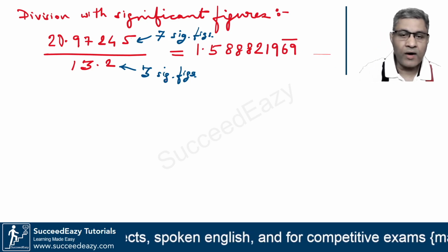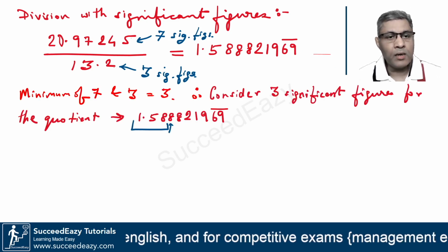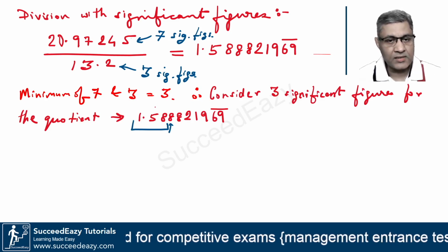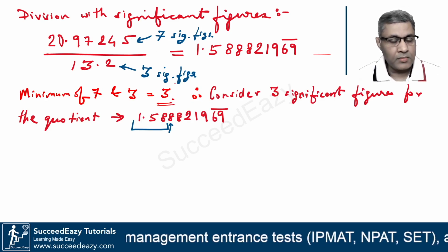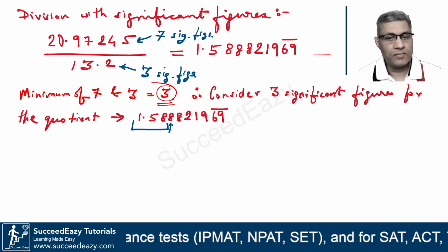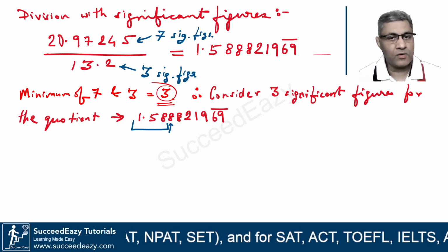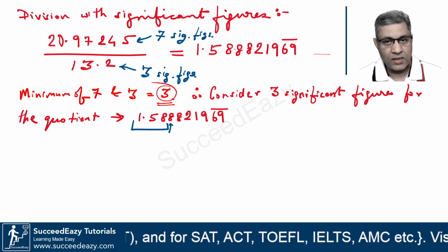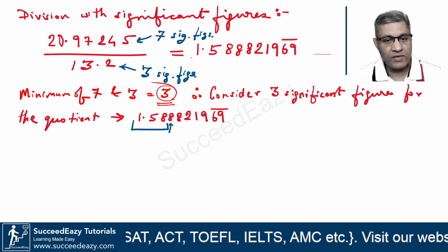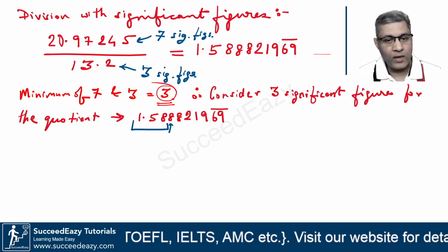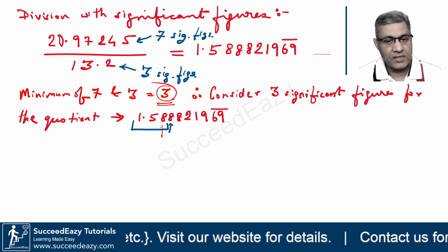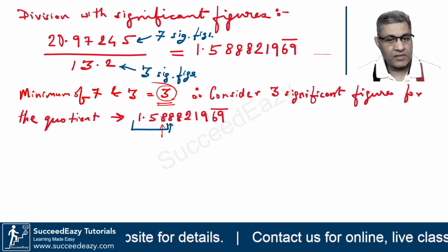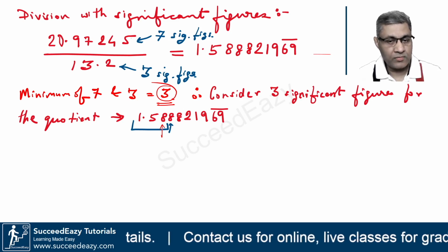So if you divide this, then the minimum of 7 and 3 is 3, out of the given data. The minimum significant digits is 3. So consider 3 significant figures for the quotient. So this number, starting from the left, the 3 significant figures are 1, 5, and 8. So we need to round at this third significant figure, this 8, which I marked with a red arrow.